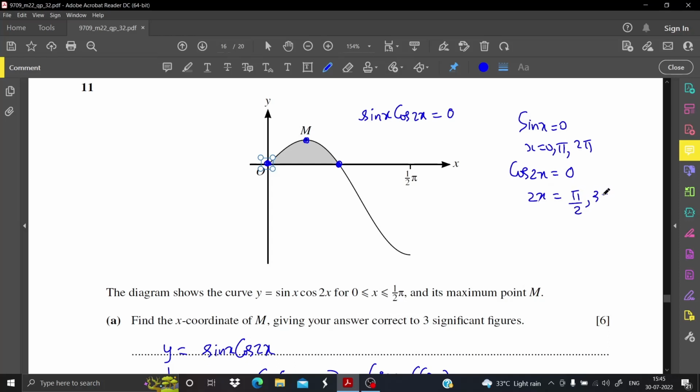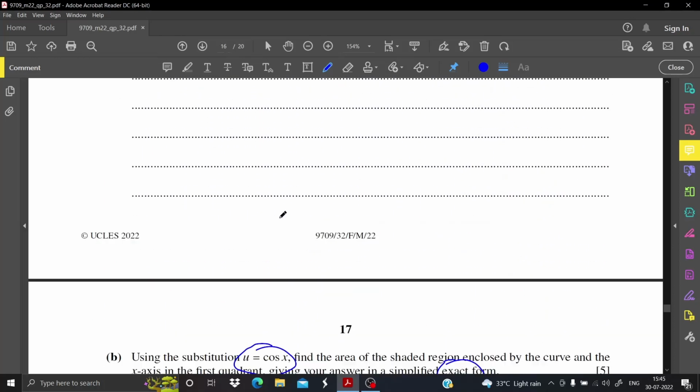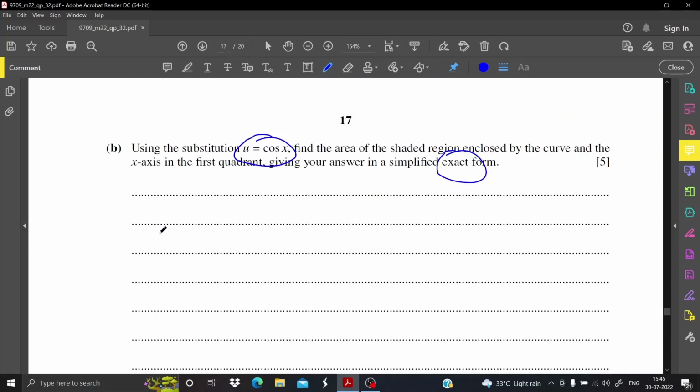So pi by 2, 3 pi by 2, x will be equal to pi by 4. So we're looking for the value less than pi by 2. So we'll consider pi by 4, because the other value will be more than pi by 2, so ignore that. Therefore, you're going to integrate the area between 0 to pi by 4 sin x cos 2x dx.